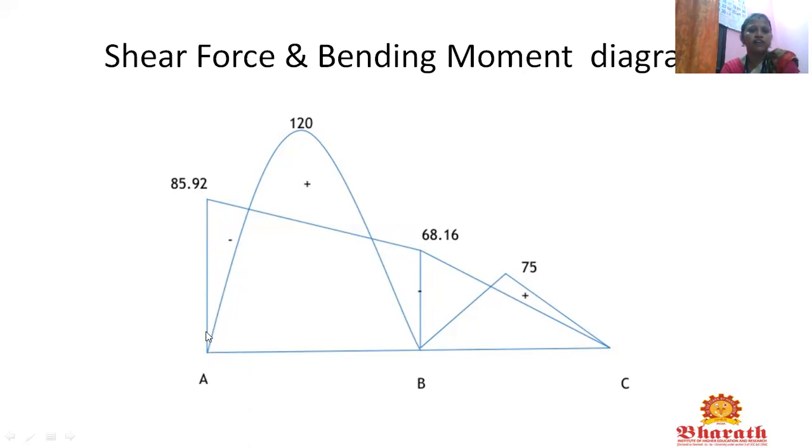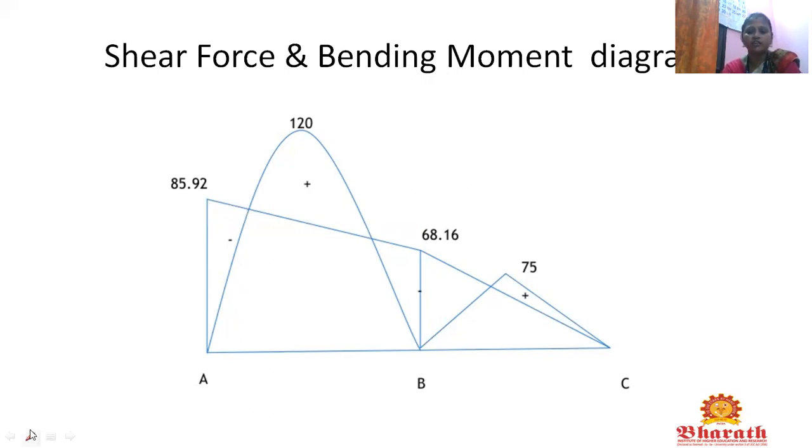At B, it is 68.16, whereas the moment at C is 0. According to that, we plot and draw the bending moment diagram.